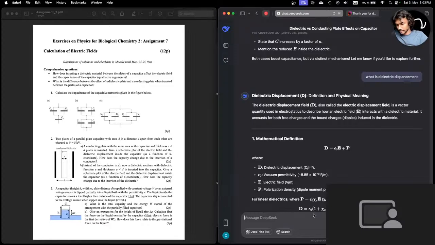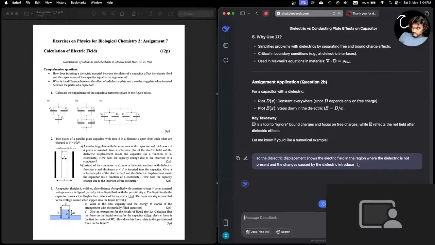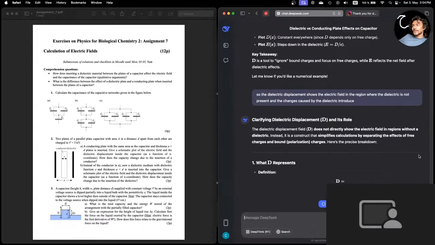It doesn't directly show the electric field without a charge or dielectric.